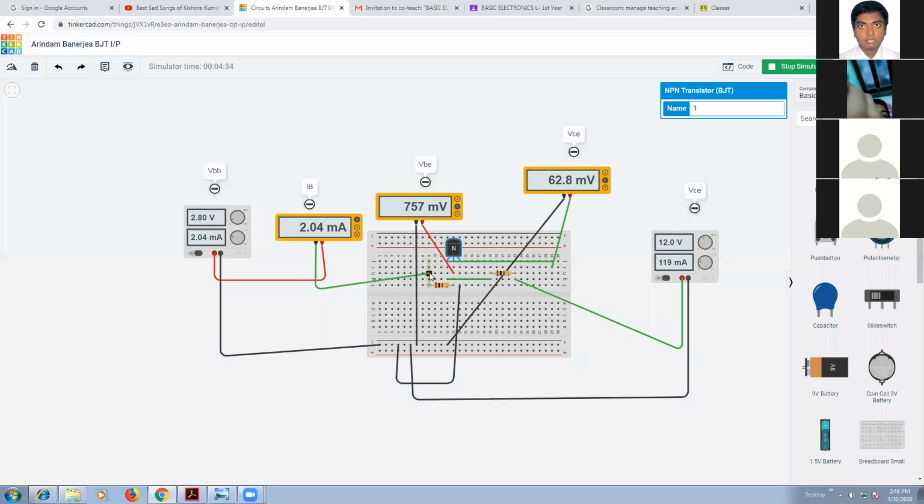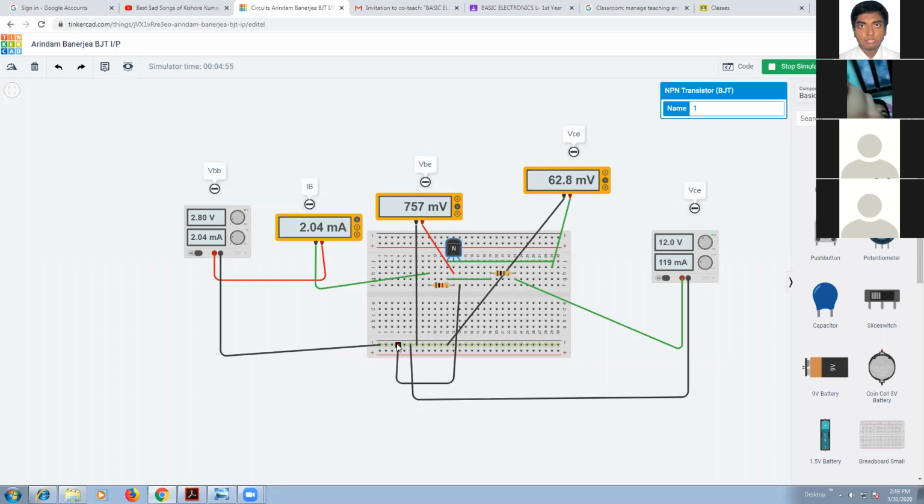Then this resistor is to be connected with the base in series. Then the emitter is to be connected here.